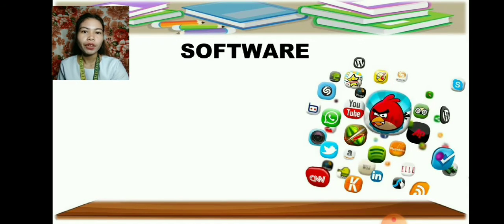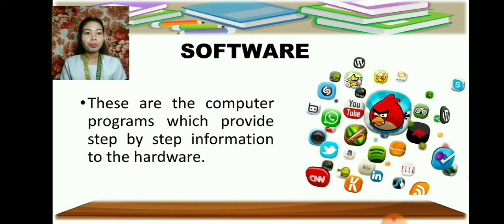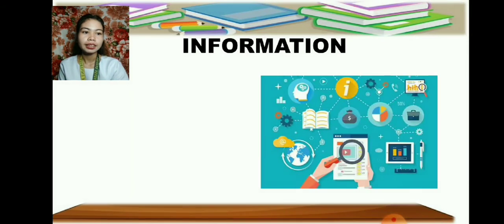Software. These are the computer programs which provide step-by-step instructions to the hardware. Software is the name given to computer programs. For example, YouTube, the Microsoft Word app, and others. The next component is information.